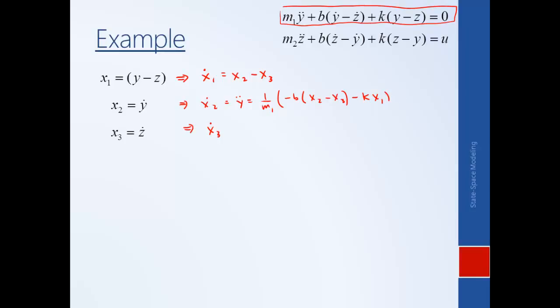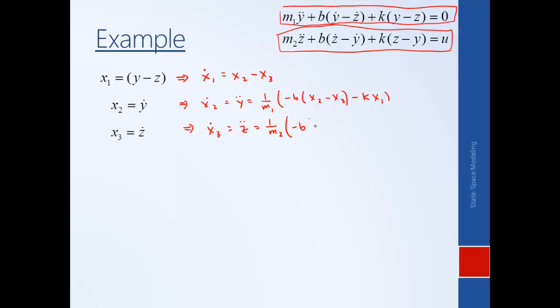Okay, and similarly we can do the same thing for x3 dot, where x3 dot is z double dot. And using the second governing equation, we can rewrite this in terms of our state variables. I can isolate z double dot by dividing through by m2. I can subtract these terms to the other side.